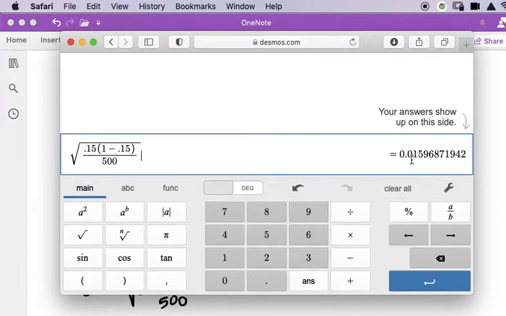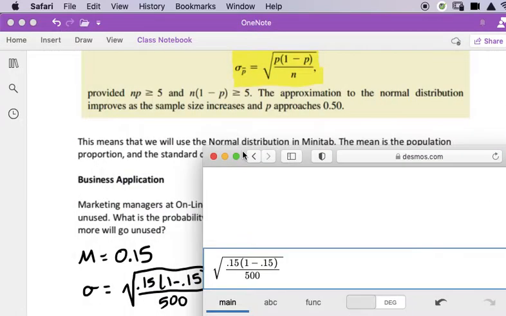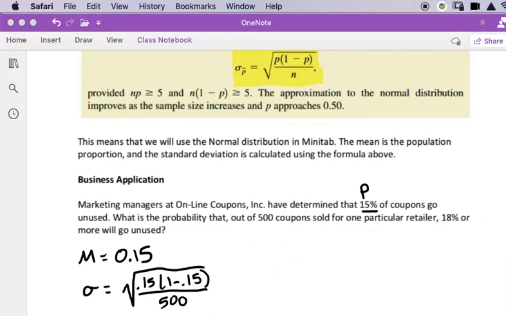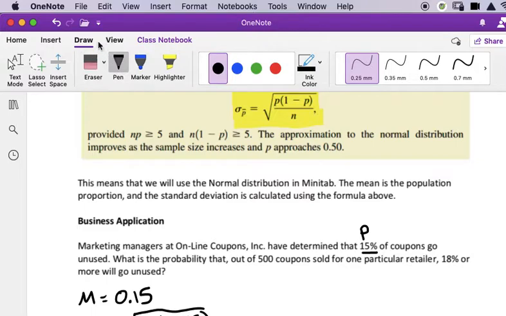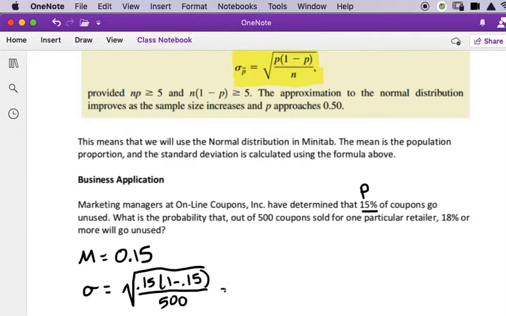I can leave more if I want to be super safe, but at least 4 would be 0.015, that would actually round up to 0.0160. So this is equal to 0.0160. That's what I'm going to use in Minitab.